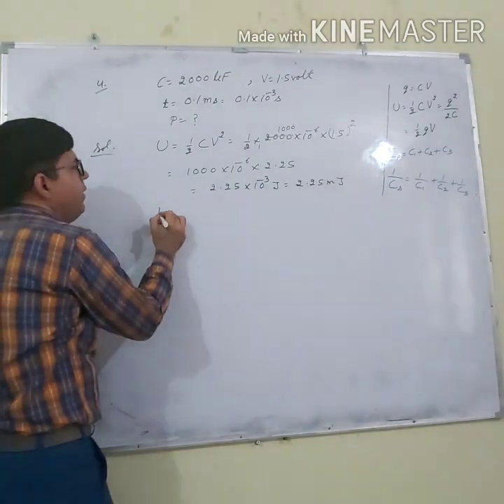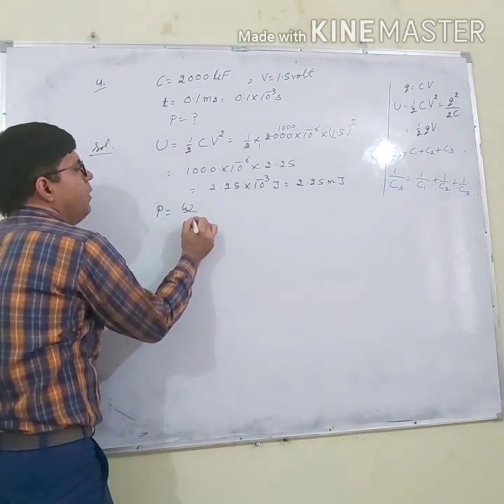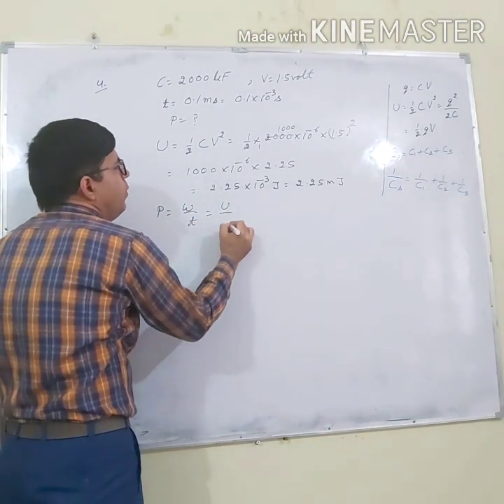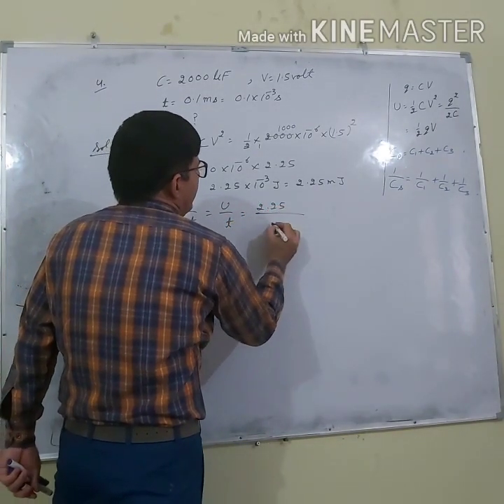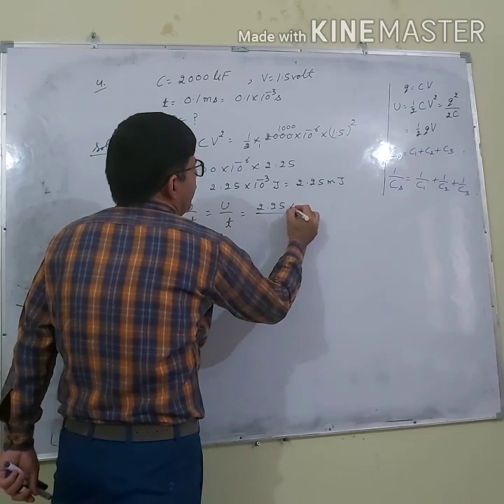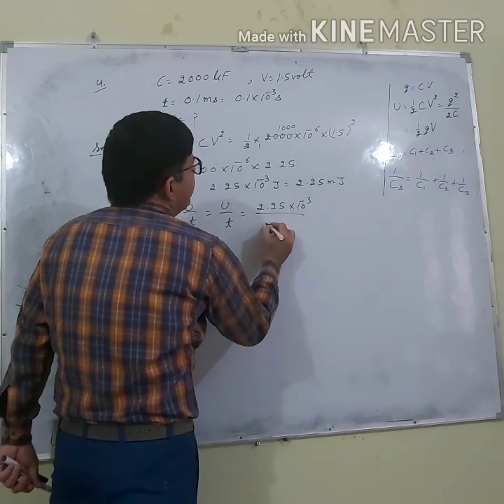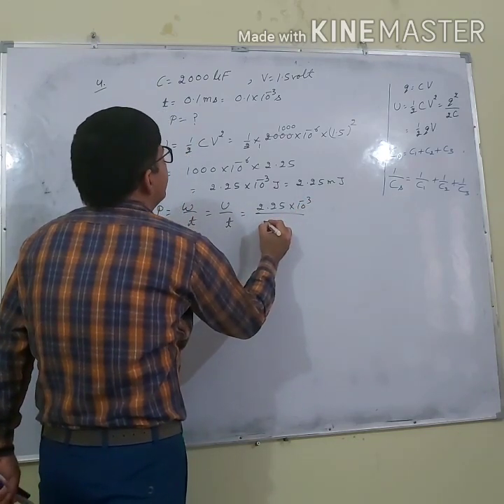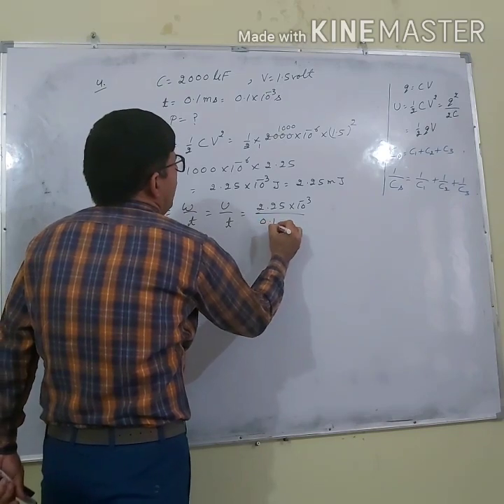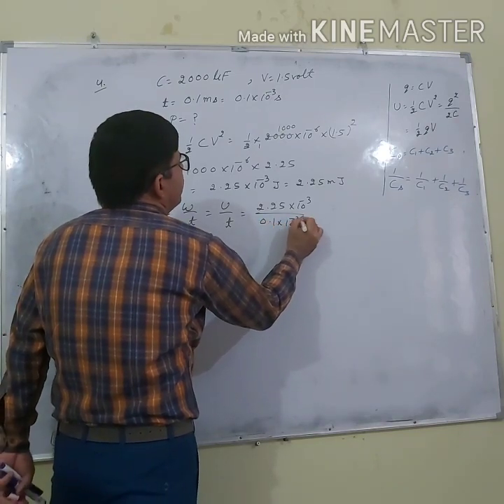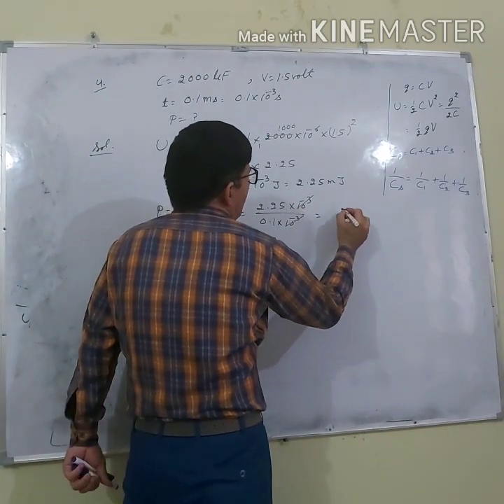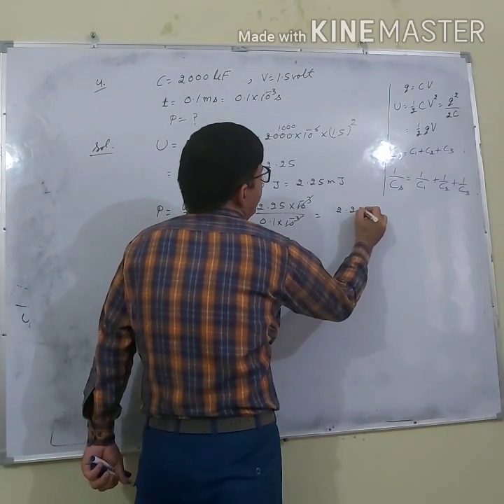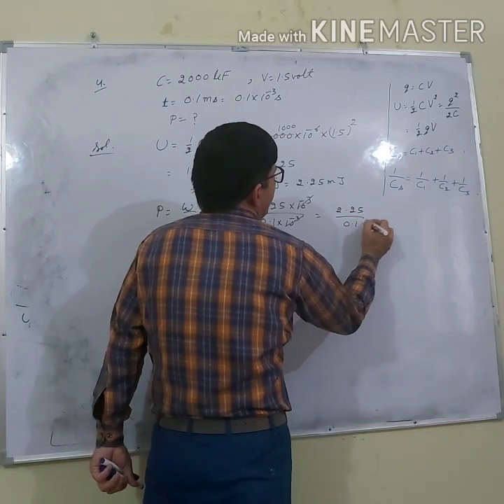And what is the power? Power is work upon time or energy upon time. What is the energy? 2.25 millijoule, 10 to the power minus 3. And what is the time here? Time here is 0.1 milli, meaning 10 to the power minus 3. It gets cancelled. So when you solve this, how much will it be? 2.25 divided by 0.1.